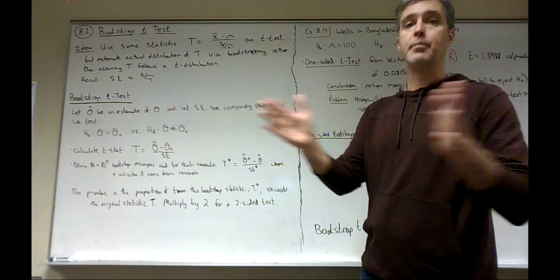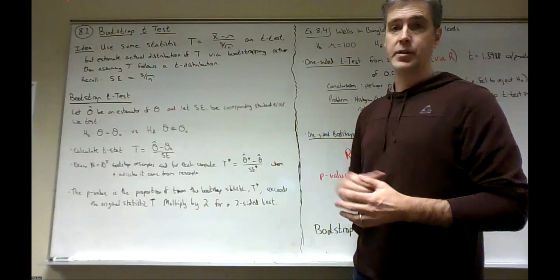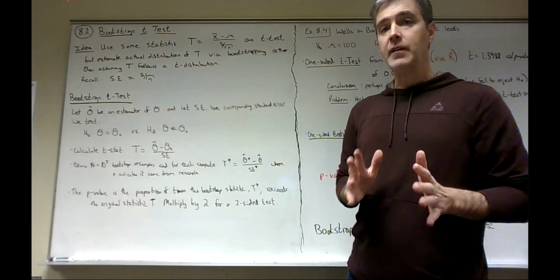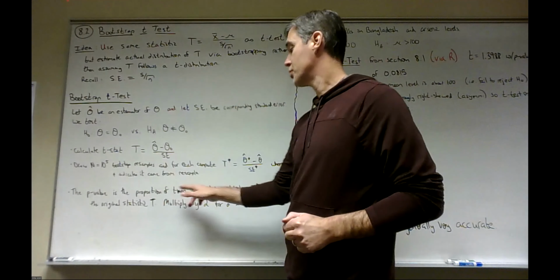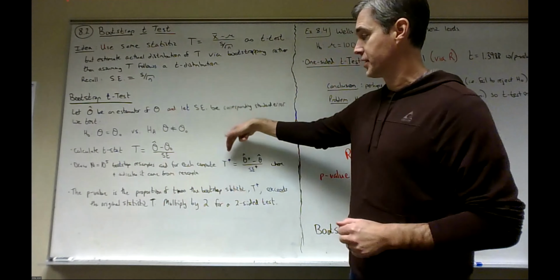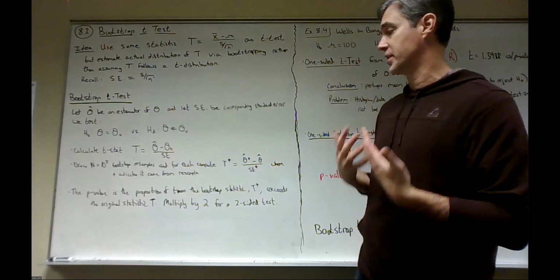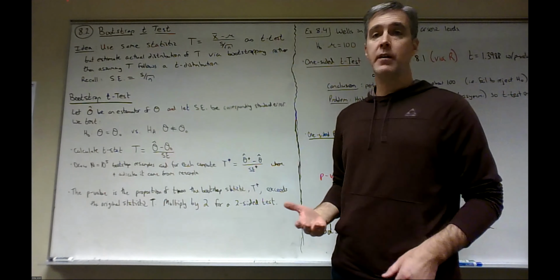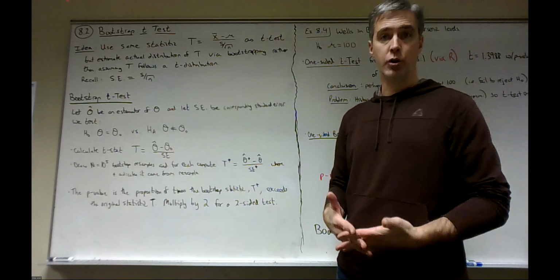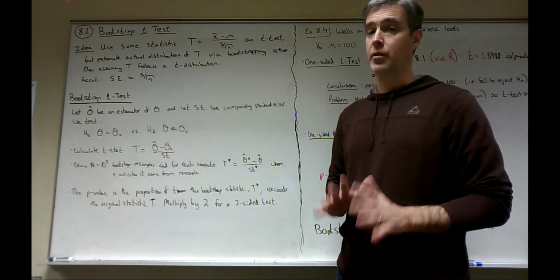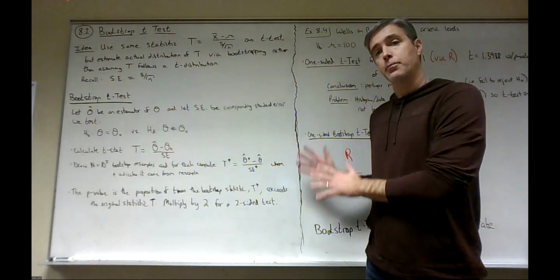And I'll create an empirical distribution of T star. Okay. And then the p-value is going to be the proportion of times the bootstrap statistic, the T star, exceeded the original statistic, the observed statistic T. And if it's a two-sided p-value, we multiply that value by 2. Okay. All right. So hopefully nothing surprising here.